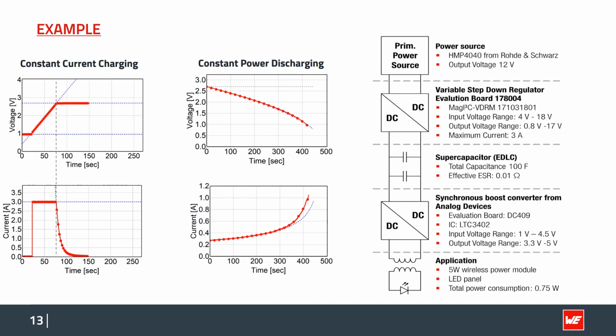What you see in the graphs is the actual measured voltage and the current, which is red, and the theoretical curve, which is the dashed blue line. As you can see, above 350 seconds or so, the two current curves deviate from each other.